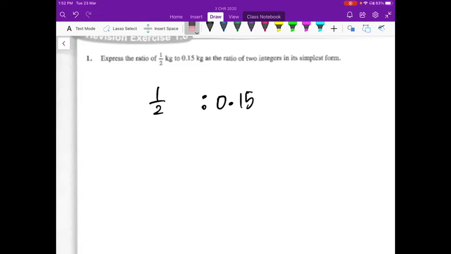In the numerator, you put in the first number. If it's a half, you just put a half inside. So half in the numerator. In the denominator, 0.15. Just put 0.15. 10 over 3. So you write down 10 to 3.